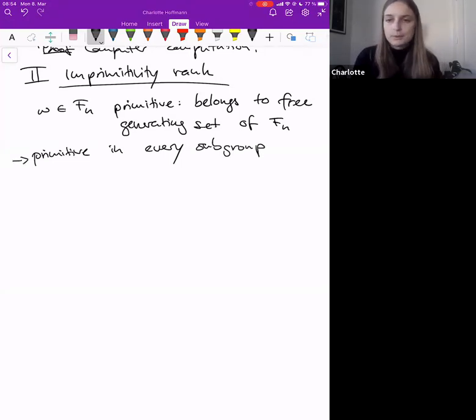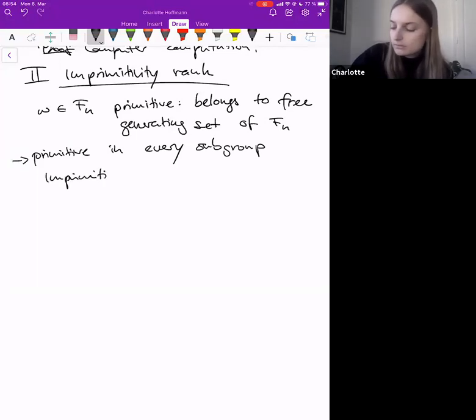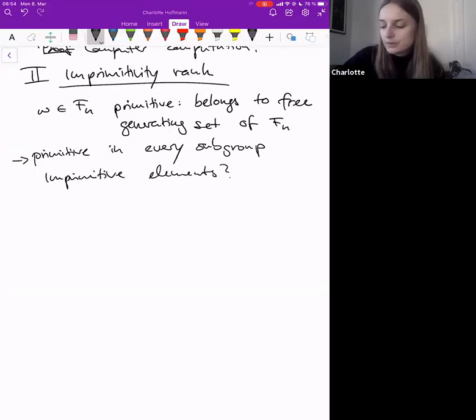Okay, but what about imprimitive elements? For those, we don't have a result like this. So if the word W is not primitive in Fn, then it could be either primitive or not primitive in a subgroup.